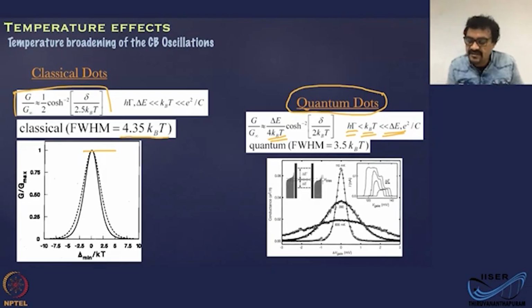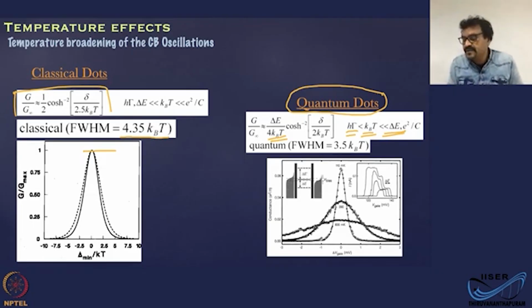Whereas in the classical case, the amplitude of the peak remains the same, but the peak is going to get broadened. Okay. So in both of those regimes, you can use this formula to determine the temperature of the device, what the electron temperature of the device is.